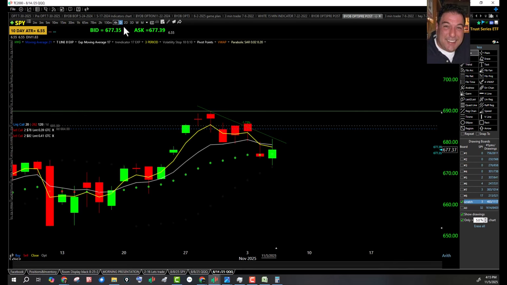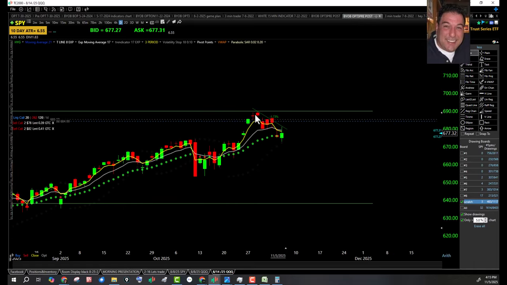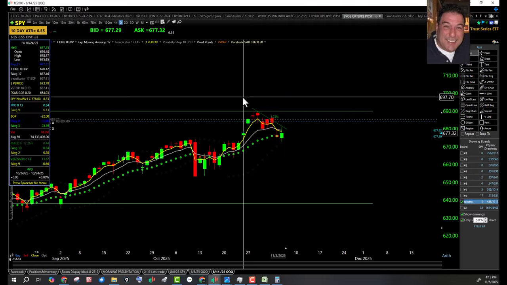So SPY on the daily chart still in an uptrend, all right, because we're not up over here. So SPY still in an uptrend, just not moving up, moving down. Actually, just moving down right here. So still in an uptrend, but in a pullback. So there's SPY on the daily chart. Because this low never got below the 17, okay?